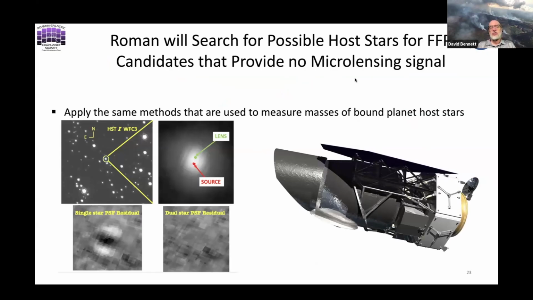And this will allow us to use the same technique that we use to measure the masses of the bound planets to determine whether these candidate free-floating planets are really actually free-floating, or they have a host star at a wide orbital separation that prevents any microlensing signal from the host star.